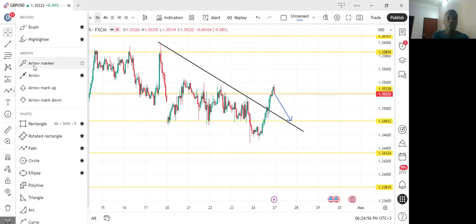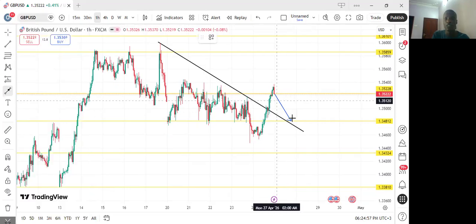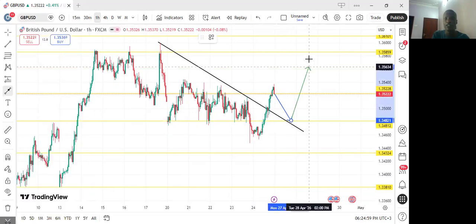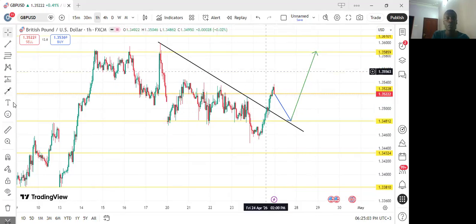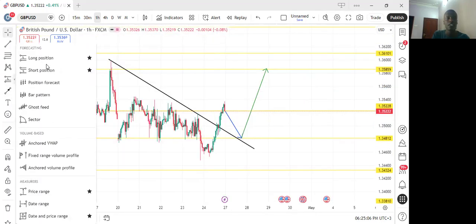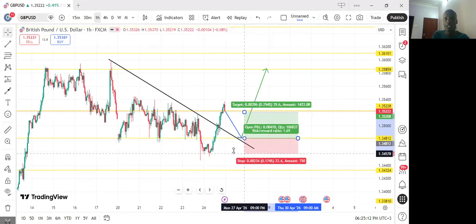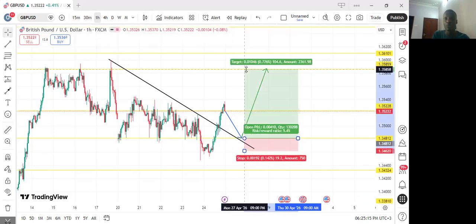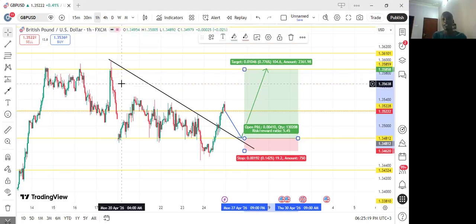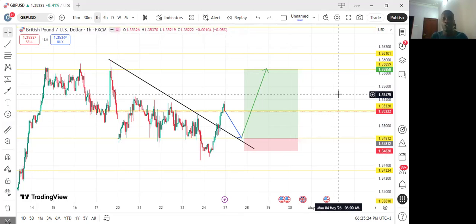If the market pulls back up to there, then from this specific level, that would be the best area for buys. I'll be looking for buys up to probably this zone, up to this 100% retracement level. That's the level where I'll be looking for buys.